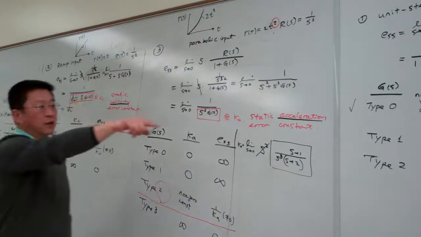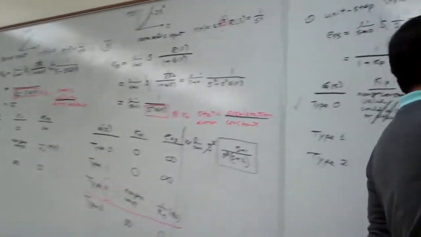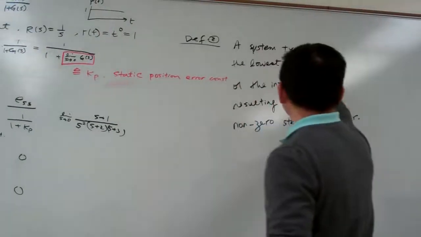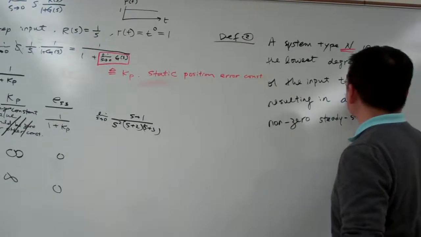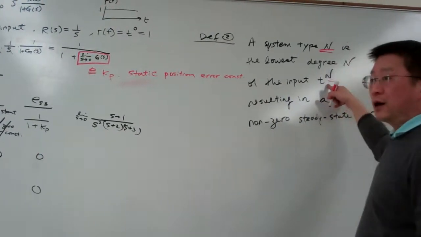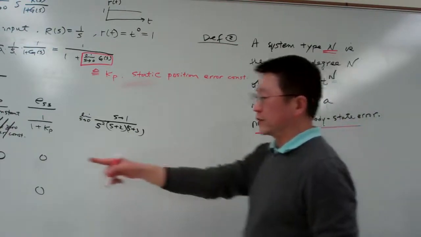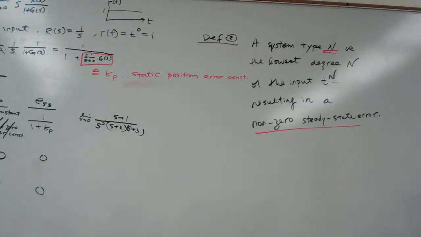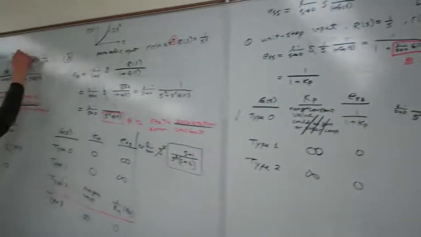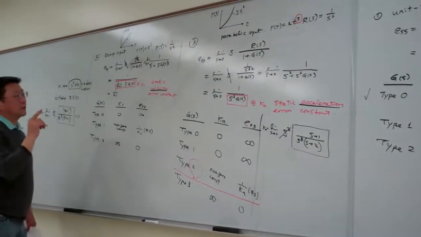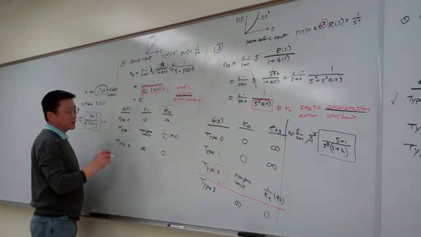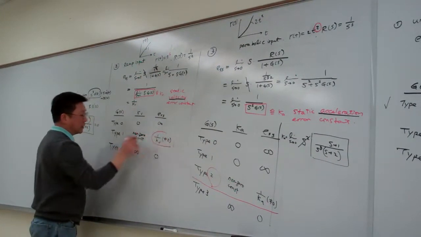So from here again, we confirm these definitions, and from here the system type n is basically pertaining to the order n that produces a non-zero steady state error. From here we can see this one. For this case, this is n equal to 1 here. Okay, so the minimum degree to make a non-zero steady state error is this case here, and that is type 1.